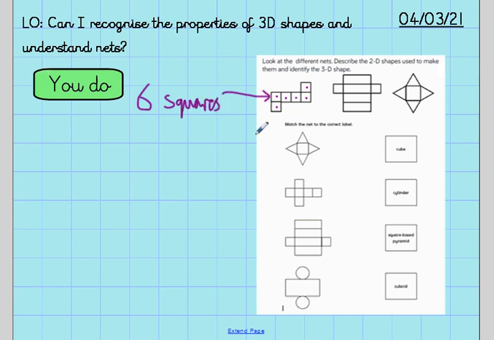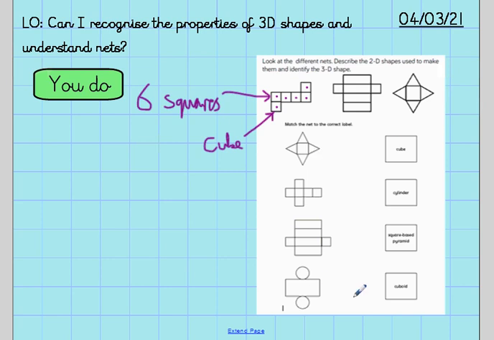Now I think when that's folded up it's going to create a cube, because I know a cube has got 6 square-shaped faces. So I think this is going to be a cube. So label the 2D shapes that you can see and what 3D shape you think they will create when they're folded together as a net.